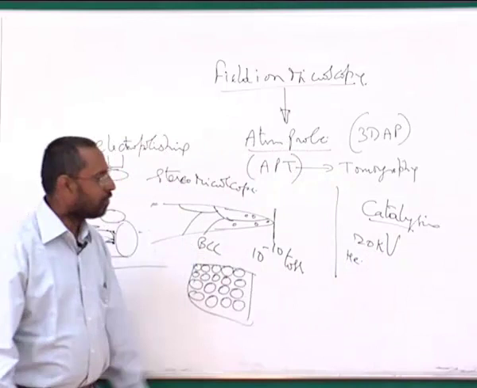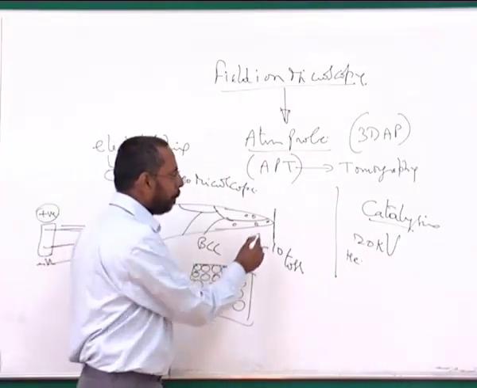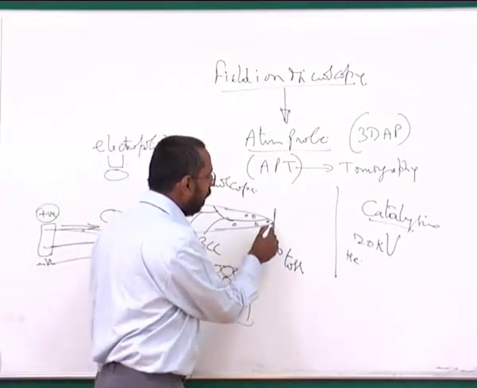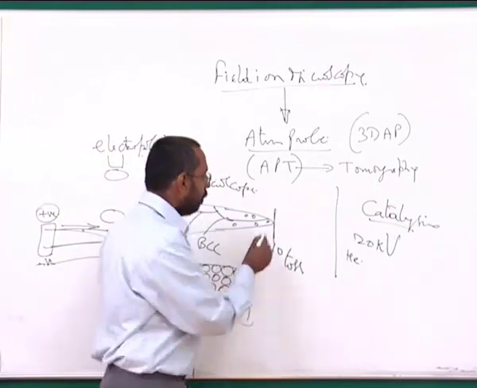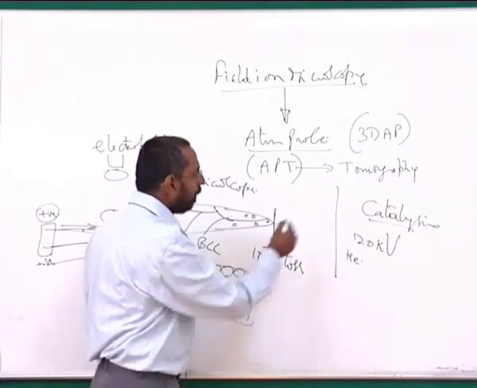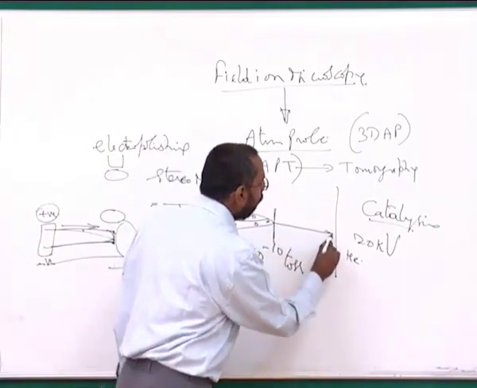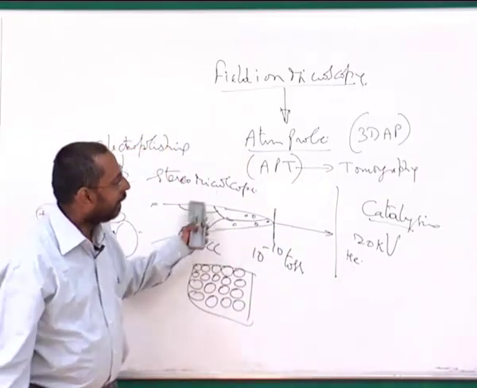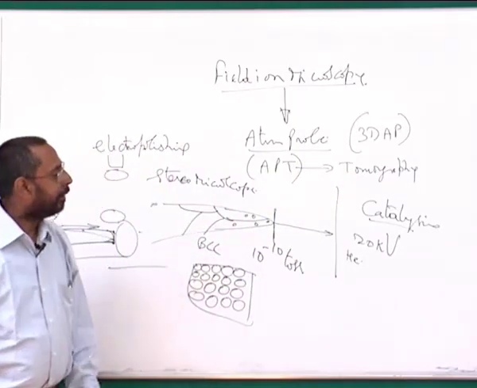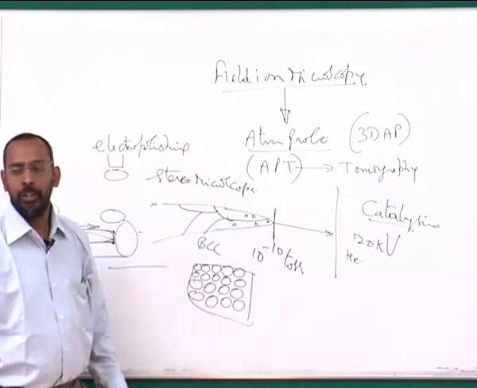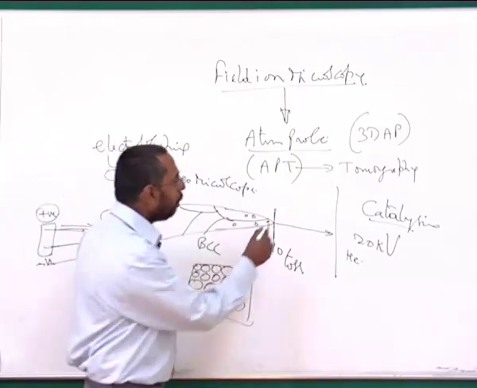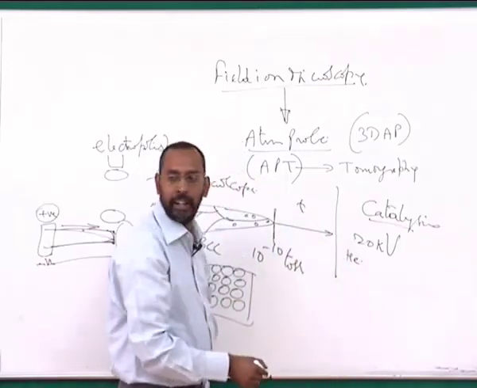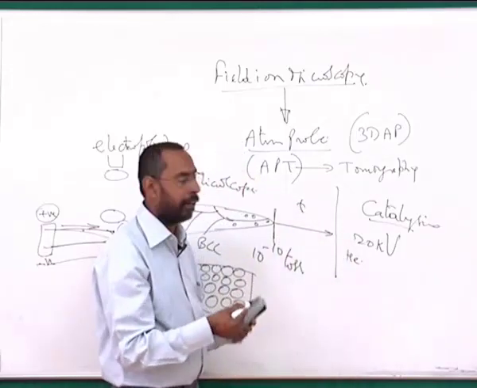When you use such a pulsed voltage on the tip, basically you sputter away the atoms from the surface, and these atoms will travel towards a detector. When these atoms reach the detector, from the time that it has taken to reach the detector, you can find out what particular element it is.